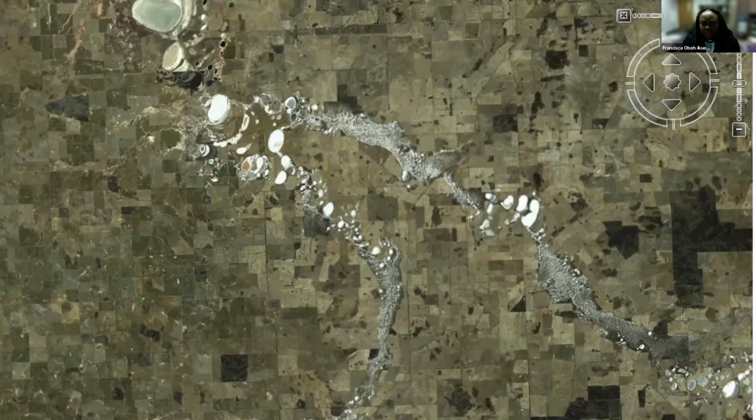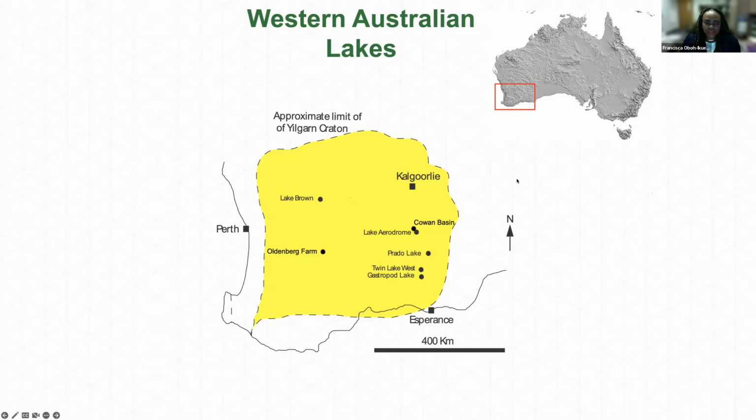These are lakes where salt is being deposited. I remember when I was an undergrad, I always thought that salt was produced only in the ocean. But when you go to Australia, you see that you can have salt being precipitated in inland lakes, but they all needed to have had a supply of salt for this to have taken place. I'll explain this further.